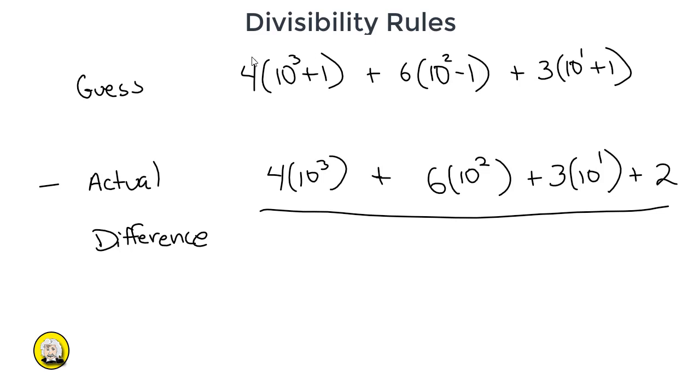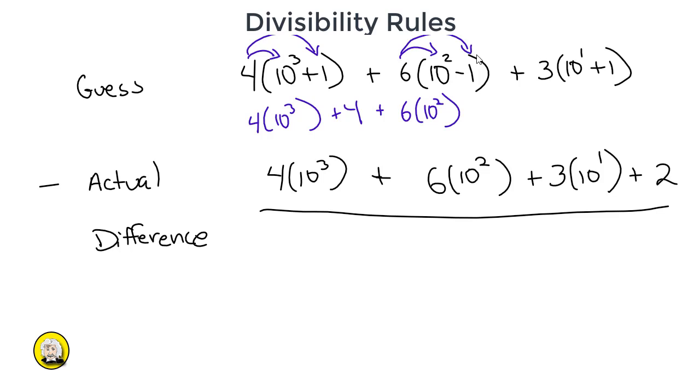And we're going to expand our expression for our guess. 4 times 10 to the third is 4 times 10 to the third, plus 4 times 1 is plus 4, plus 6 times 10 squared is 6 times 10 squared, plus 6 times negative 1 is minus 6, plus 3 times 10 to the 1 is 3 times 10 to the 1, plus 3 times 1 is just plus 3.